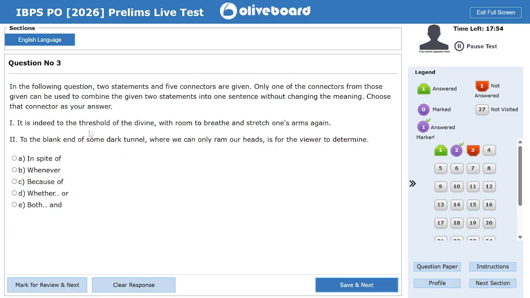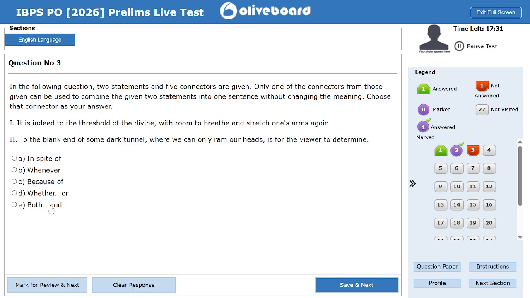It is indeed the threshold of the divine, with room to breathe and stretch one's arms again, to the blank end of some dark knowledge. Without changing, choose the connector.